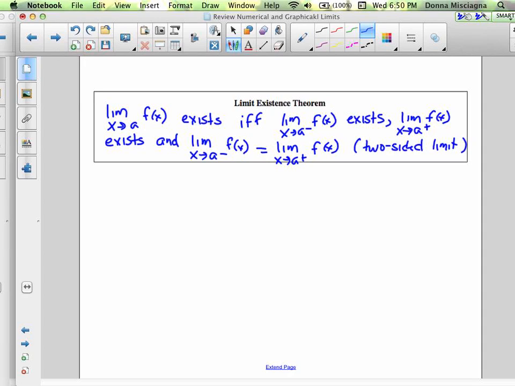Also, if our function is not defined, if it has an endpoint and it stops being defined at a certain point, we're going to only have a one-sided limit, all right? But if we want the two-sided limit, our left-hand limit and right-hand limit have to exist, and they both have to be the same.